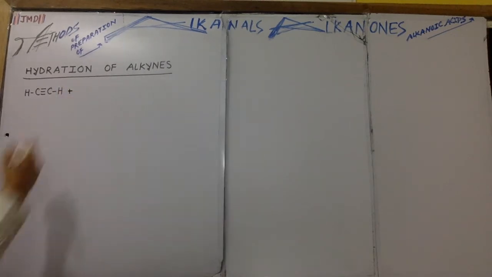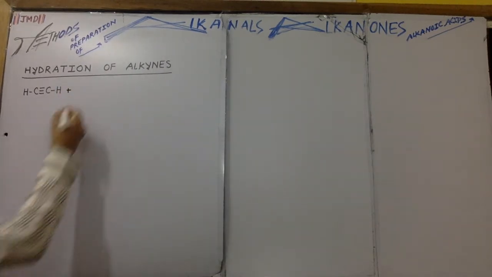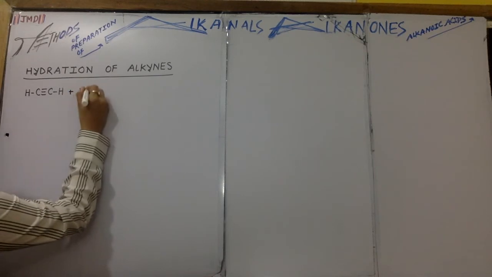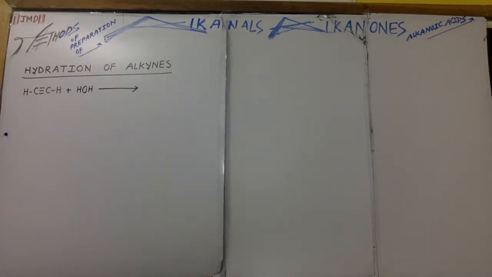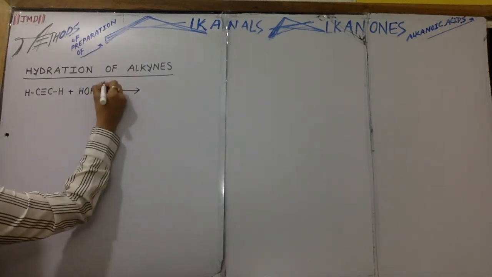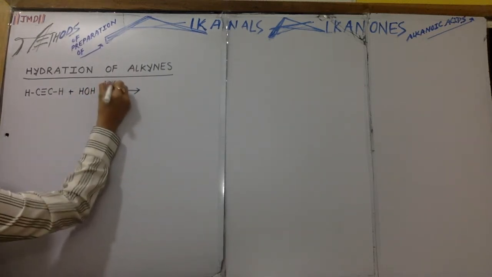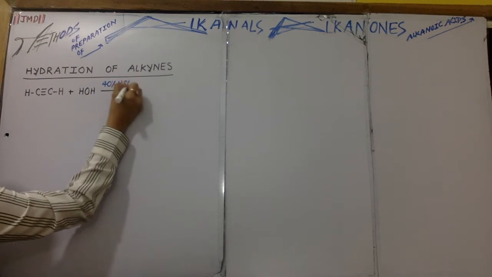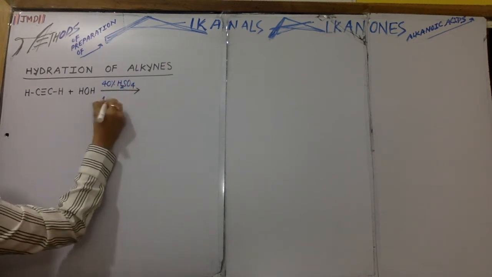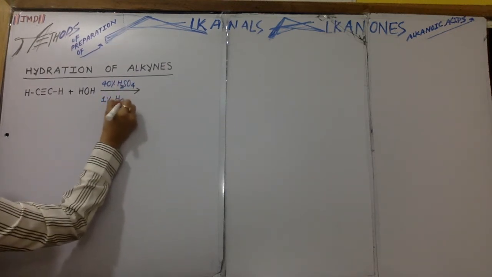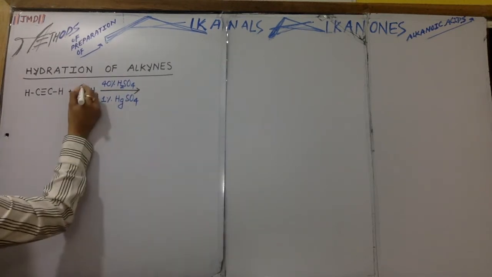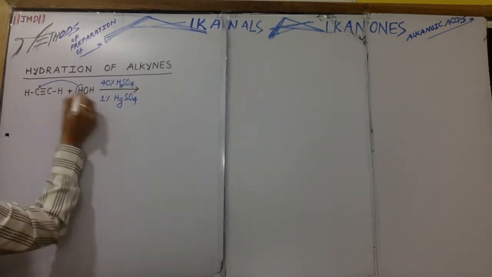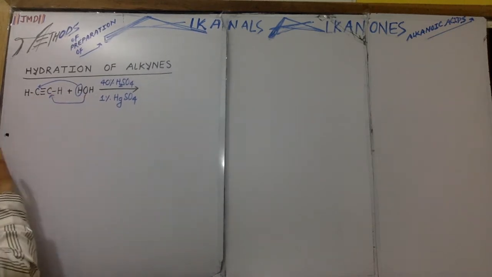Now this reacts with a molecule of water, and the reaction takes place in the presence of dilute H2SO4, that is 40% H2SO4 and 1% mercuric sulfate, HgSO4.